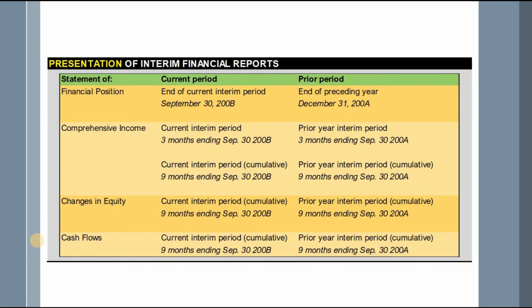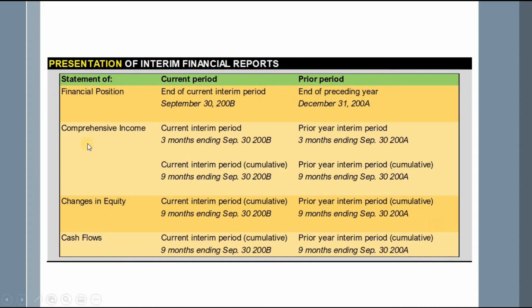Since our example is the third quarter, the statement of changes in equity for the current interim period should be the 9 months ending September 30, 2000B, as well as the statement of cash flows, which is cumulative for the 9 months ending September 30, 2000B. And the comparative interim financial report is the cumulative report for the 9 months ending September 30, 2000A, both for the statement of changes in equity and statement of cash flows.